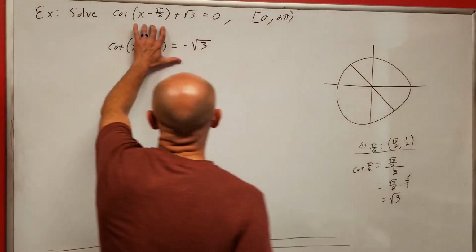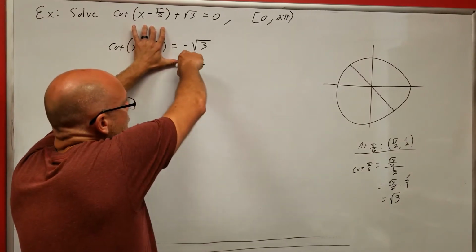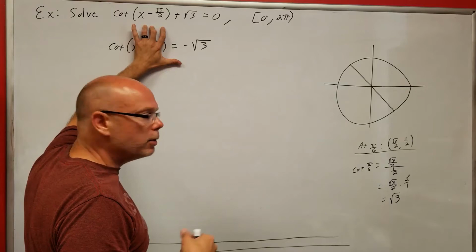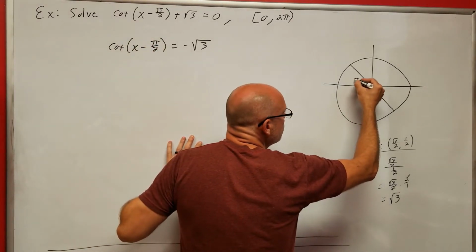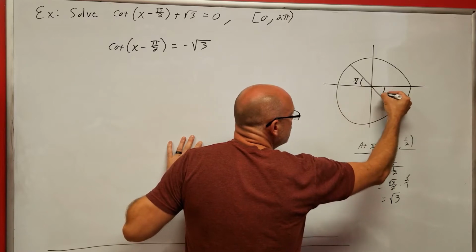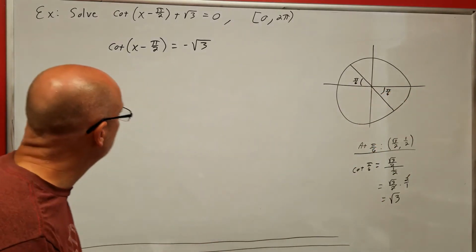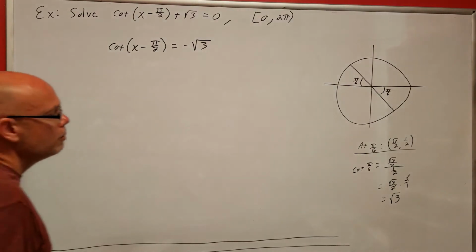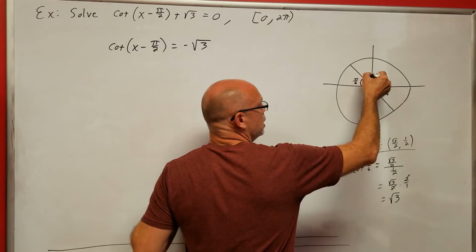So where is my cotangent going to be square root of 3? Or in this case, a negative square root of 3? At a reference angle pi over 6. So the reference angle pi over 6 here, and a reference angle pi over 6 here. But what actual angle is this right here?